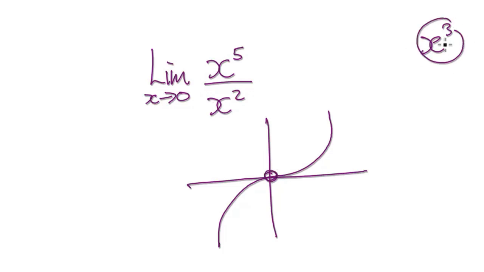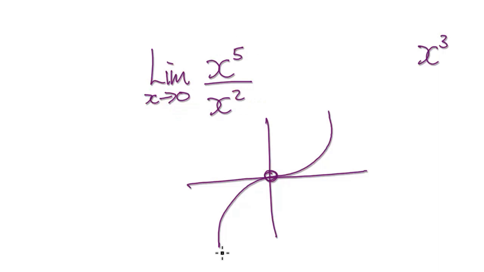For this thing here, it's defined all the way through, even at 0. So when it comes to this, in your mind, picture this function, but just bear in mind that this thing here, dead on 0, it breaks down.